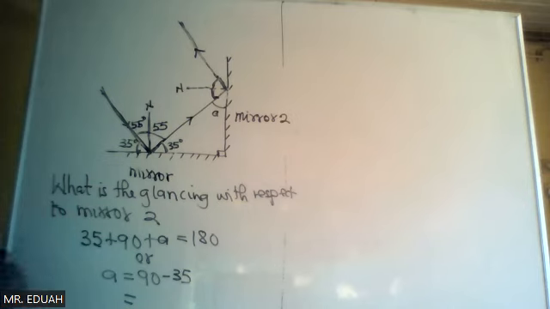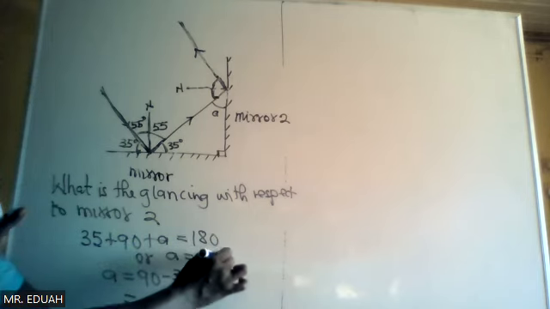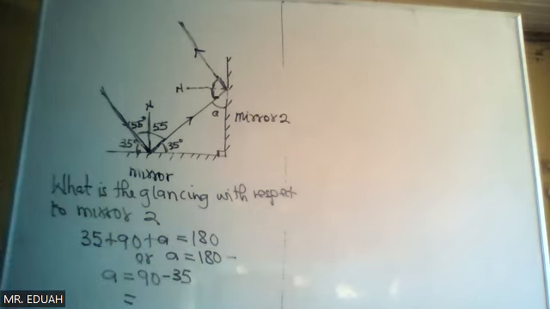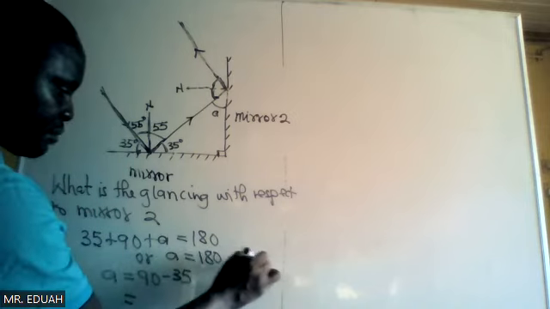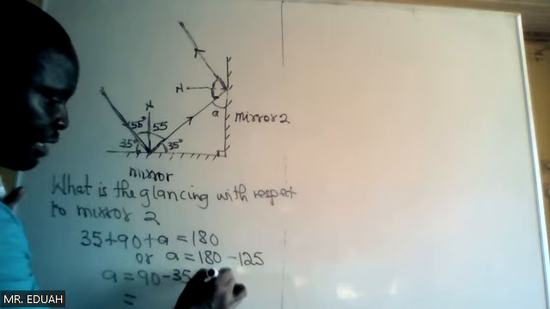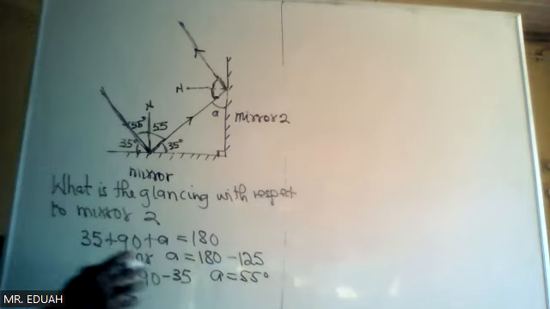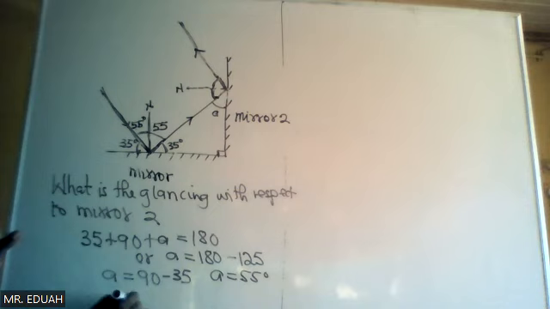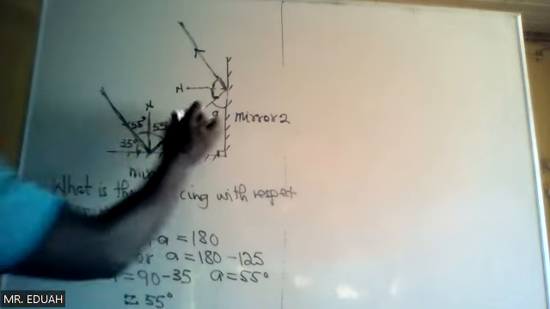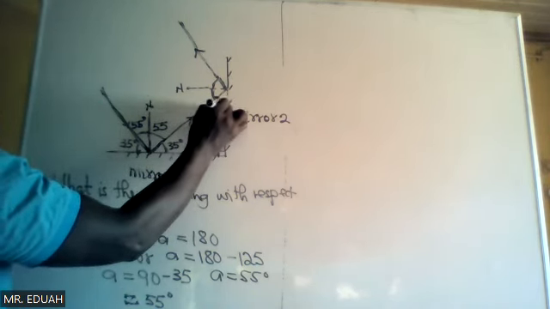When we use the first one, A will be equal to 180 minus 125, right? Yes. So A is 55 degrees. When we use this, we equally have the same result, 55 degrees. So the glancing angle to mirror 2 is 55.